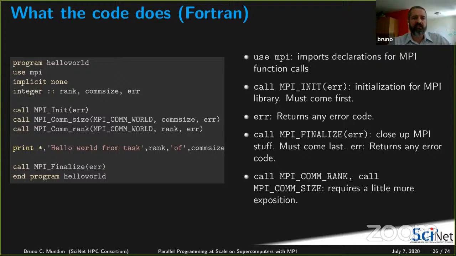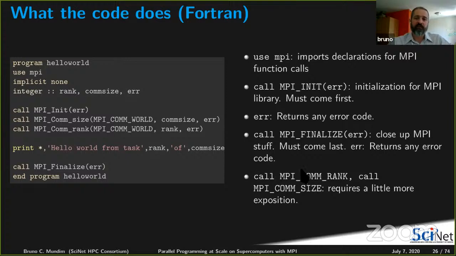Okay, so what does the code do? Let's look here. How do I instrument my code to call the MPI functions? Remember, the compiler doesn't know anything about MPI, anything about the library. Everything is in the library. So in order for you to do this communication, you need to call the library function.